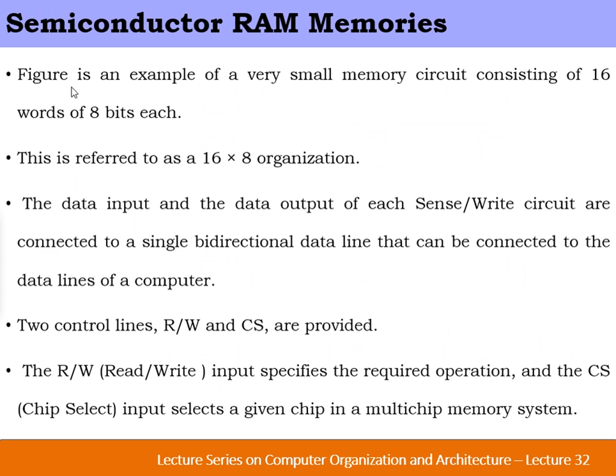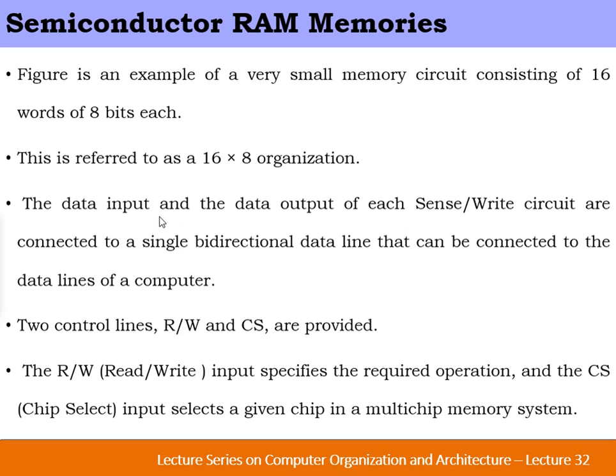In the figure we discussed as an example, it is a very small memory circuit consisting of 16 words, that is 16 memory locations, and per location it is 8 bits. Hence we refer to it as a 16 into 8 organization.